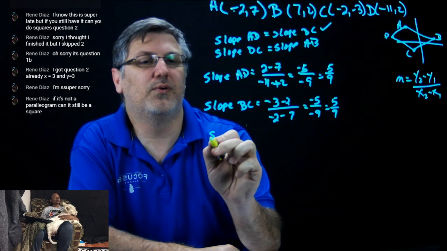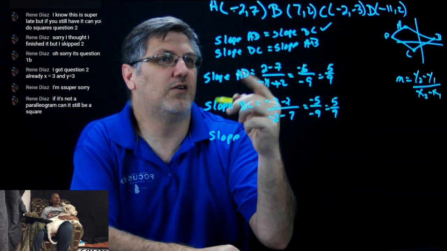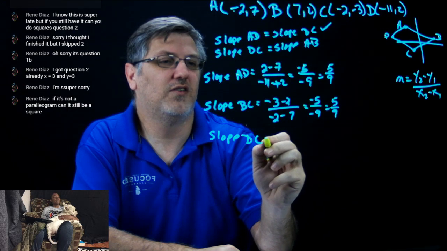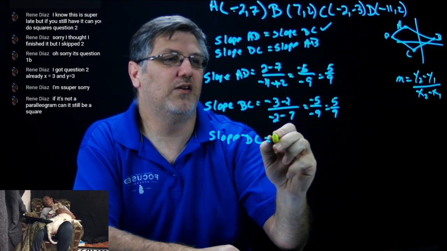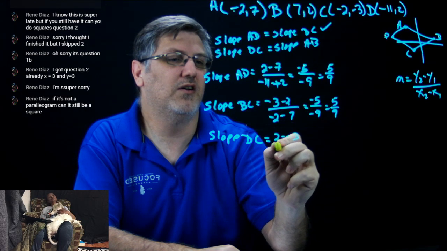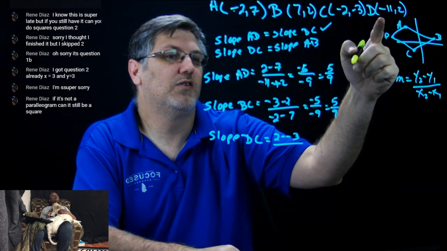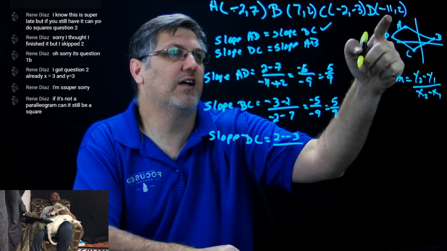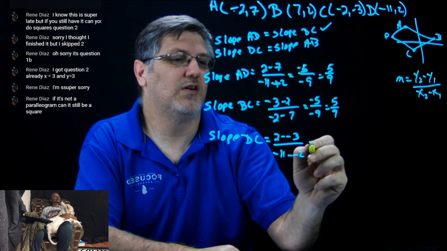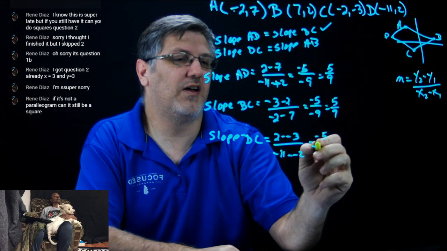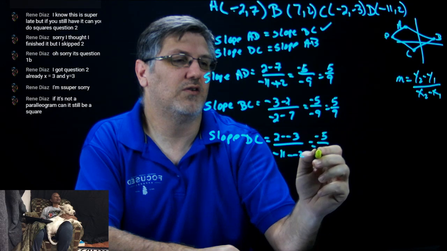All right, slope of DC. So 2 minus a -3 over -11 minus a -2. This gives me a -5 over -9.